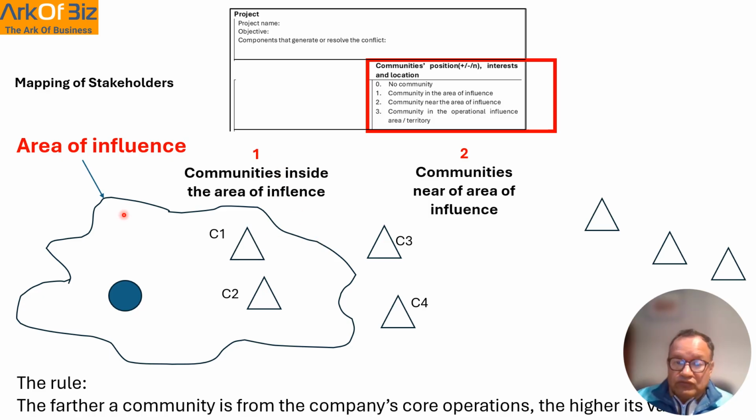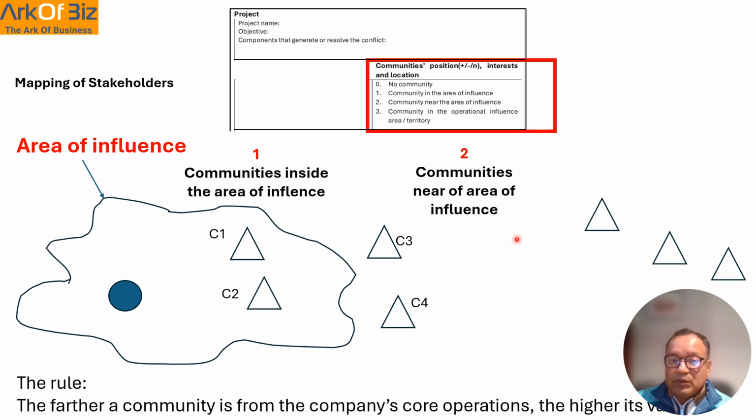However, when we have the area of influence, some communities near the area of influence are not located inside, but they are near. They usually don't receive any benefits, neither from the company nor from the governments. These communities are assigned a value of 2.